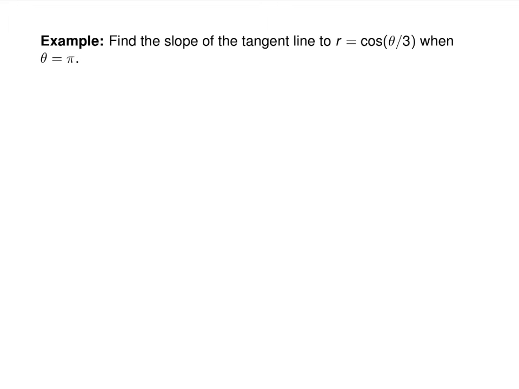So let's use this formula to find the slope of the tangent line to r equals cosine of theta over 3. I just remember that x is r cosine theta, y is r sine theta. And look, I have to rederive the formula because I already forgot it. dy dx is dy d theta over dx d theta.